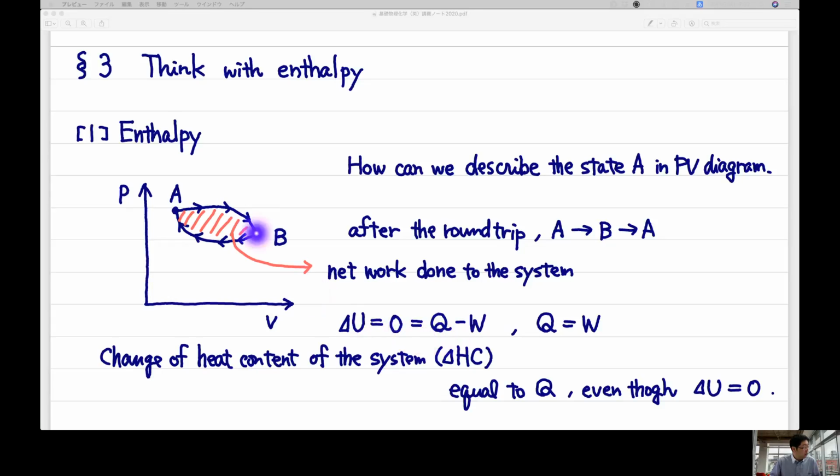So internal energy change is actually zero because this is a round trip. Then Q should be equal to W. And in this case, the change of heat content of the system equals Q, even though the change of internal energy equals zero.